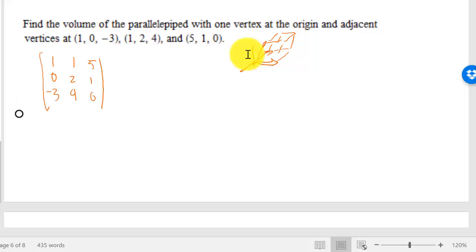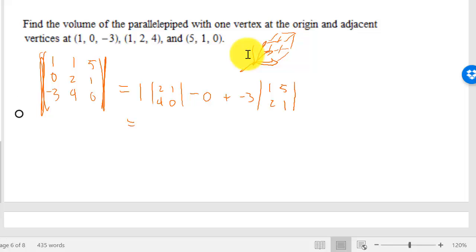So let's do the cofactor. Let's expand on the first row. The determinant of this, just put straight lines here, is going to be positive 1 times the submatrix 2, 1, 4, 0, minus 0, so it doesn't matter what happens there, and then plus negative 3, and the cofactor there is the 1, 5, 2, 1 submatrix.